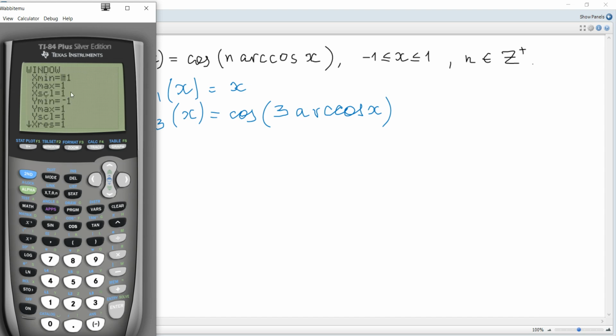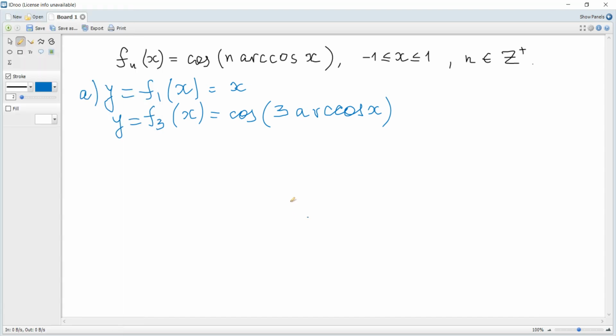we know x is in between -1 and 1, and since it's cosine, its range is in between -1 and 1, so we choose x to be from -1 to 1, y also to be from -1 to 1, and we get the following. For cos(3 arccos x), it looks like this, and we need to just sketch it.